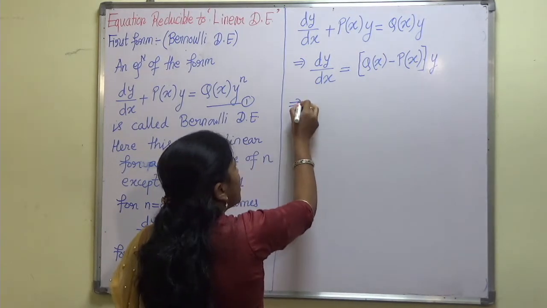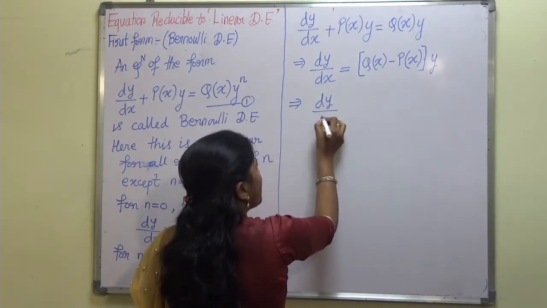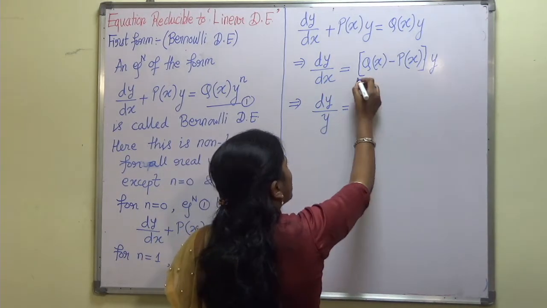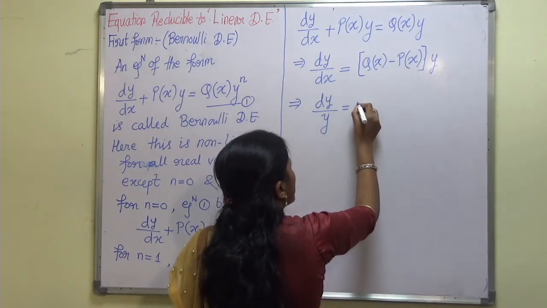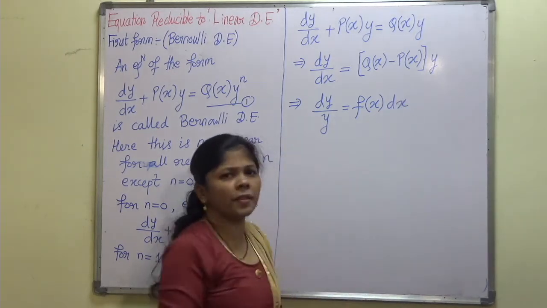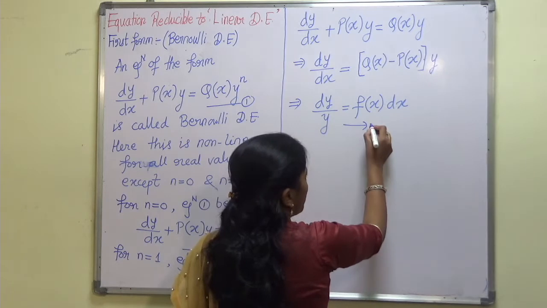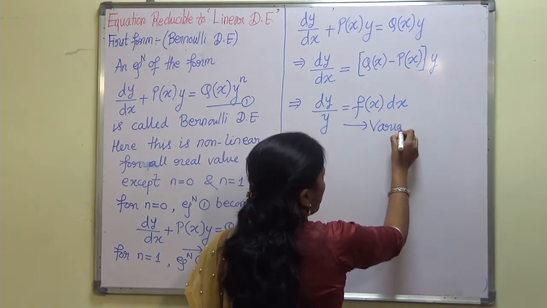This is completely a function of x. So we will have dy by dx is equal to a function of x into y, so this will take a variable separable form.